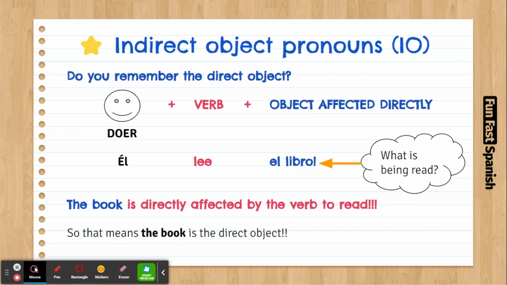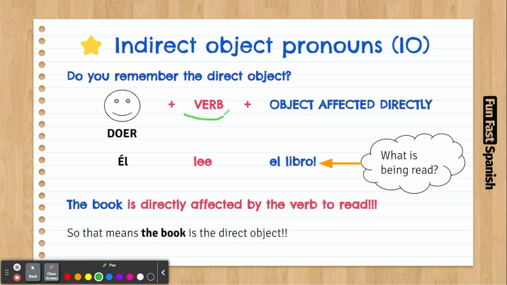This is the indirect object. Anyways, just to see everything from the very beginning, let's remember the direct object. Remember we talked about the direct object. We said that the direct object is the object that is affected directly by the verb.